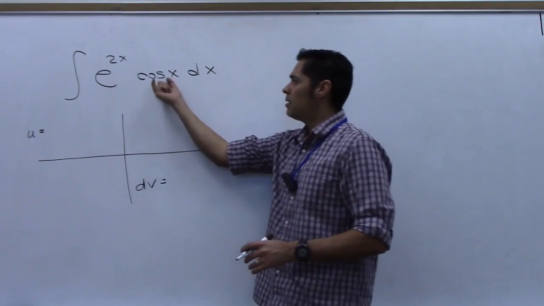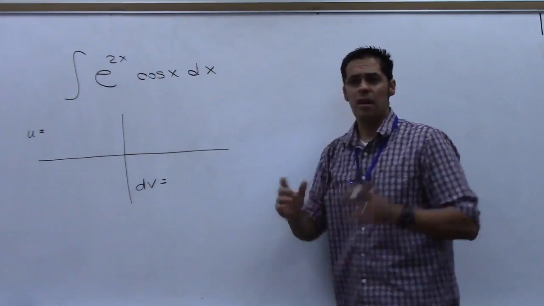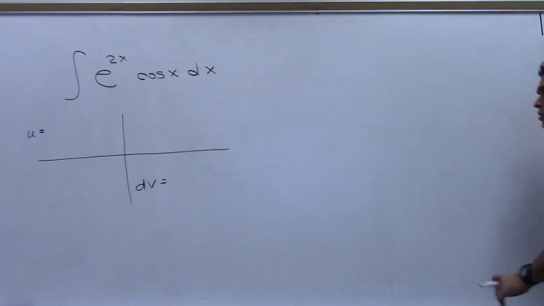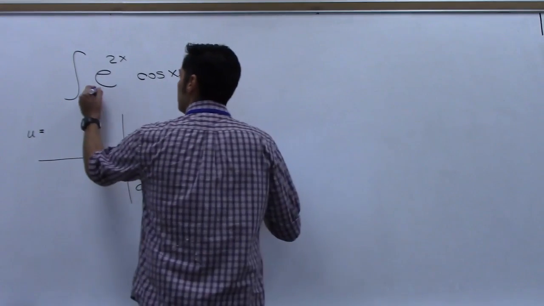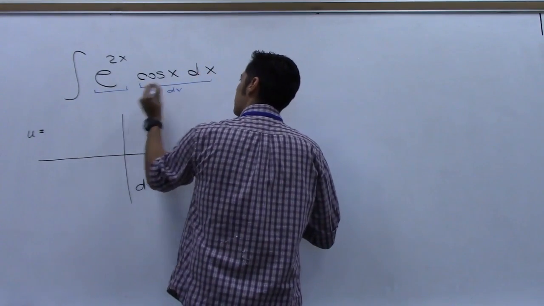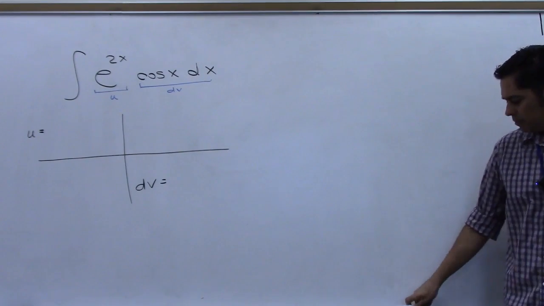You could let your u be cosine x, and then your dv be the e to the 2x dx, right? Two options, really. So let's go with the first option, which was to let this one be the u, and this one's going to be the dv. And let's just see what happens.